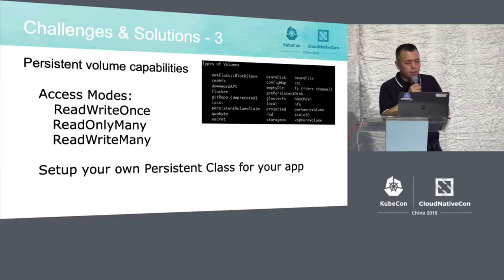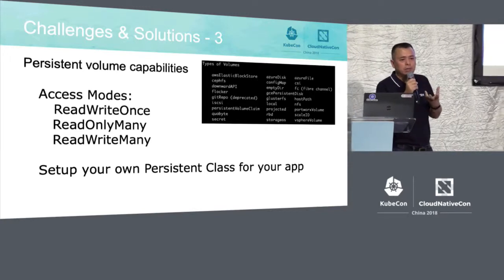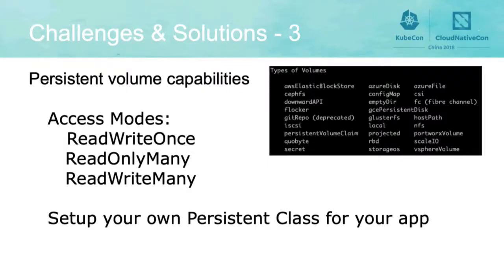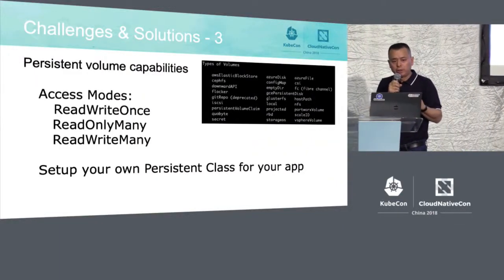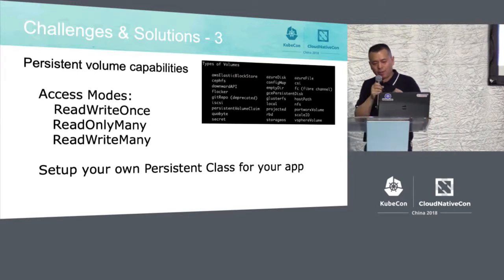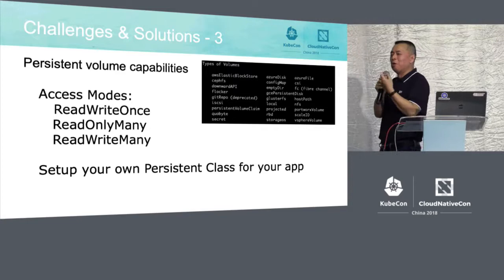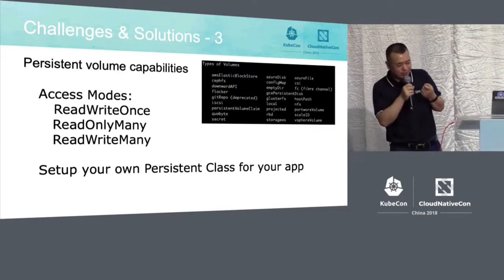So the third one, for blockchain applications, probably also common for other applications. You always want to save some data, so you need some storage. The issue with storage is that Kubernetes supports so many different persistent storage options.